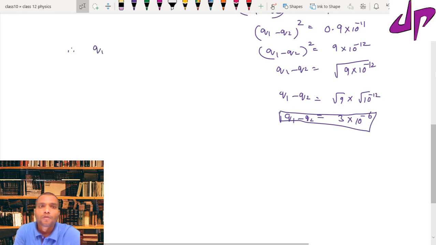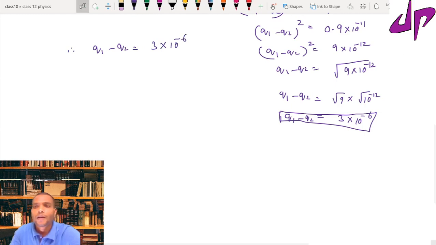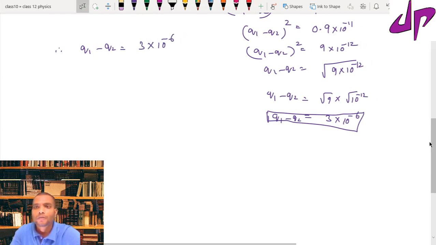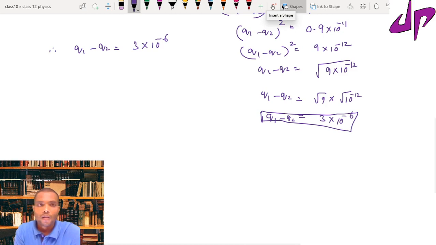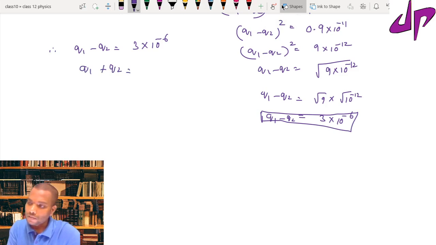Therefore, Q1 minus Q2 equal to 3 times 10 power minus 6 and Q1 plus Q2 equal to 7 times 10 power minus 6.